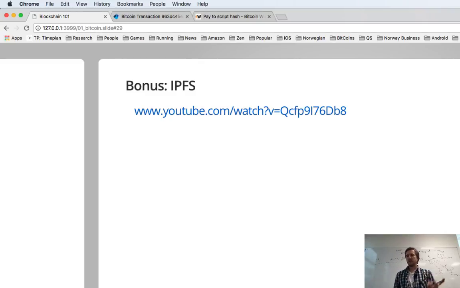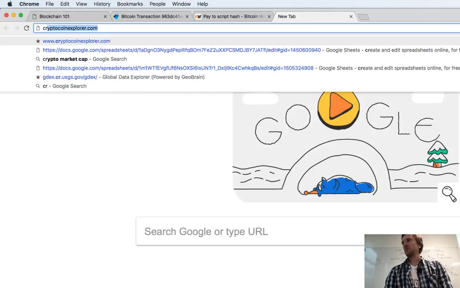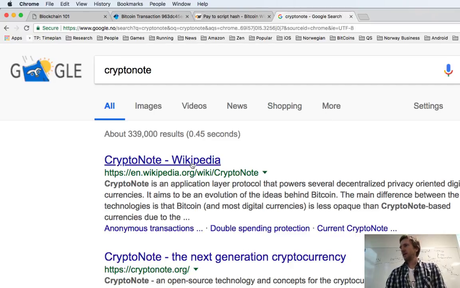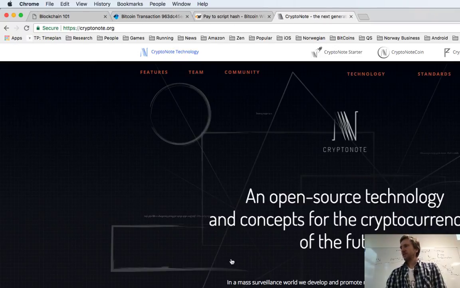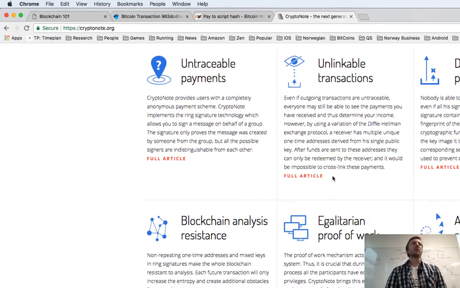And the final thing is Bitcoin is actually quite easy to work with in terms of tracking. There are other currencies and other technologies which are different or harder. One of those currencies is called CryptoNote. If you check their websites, they discuss how the payments are different to the payments in the Bitcoin network.